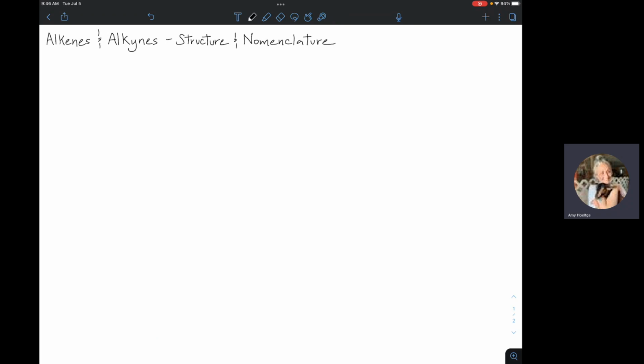So we're going to start with the unsaturated hydrocarbons, and that's going to be our alkenes and alkynes. So I'll start just with alkenes. So these are hydrocarbons.